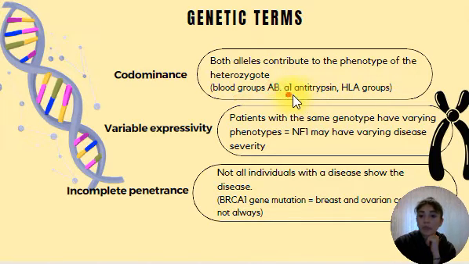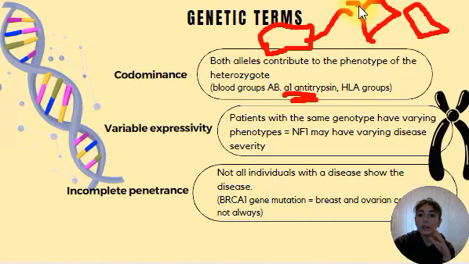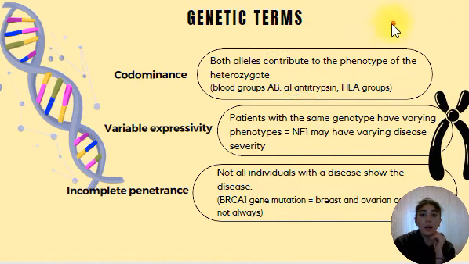Then alpha 1 antitrypsin is very high yield for USMLE. Alpha 1 antitrypsin actually regulates the degradation process in the lungs, right? It's synthesized in the liver and then it moves all the way to the lungs in order to function there. So if you have pathologic alpha 1 antitrypsin, it gets stuck in the liver and damages it, right?